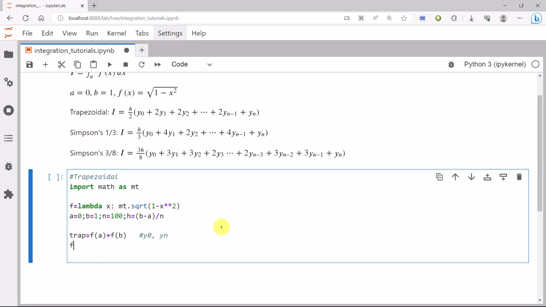Now I have to loop and add the others. So for i, I do not want to take the first term of y because the first term I have already taken, and the last term will not come. So I'll give it 1 to n.